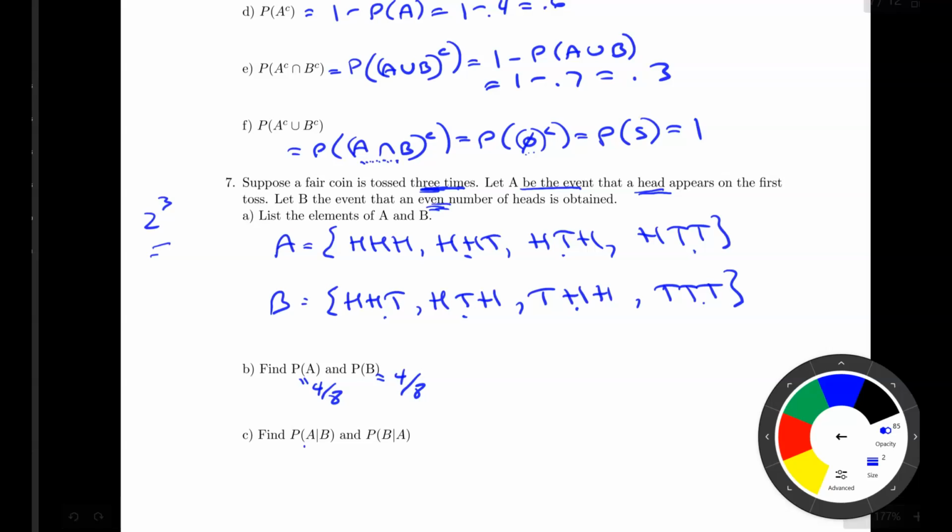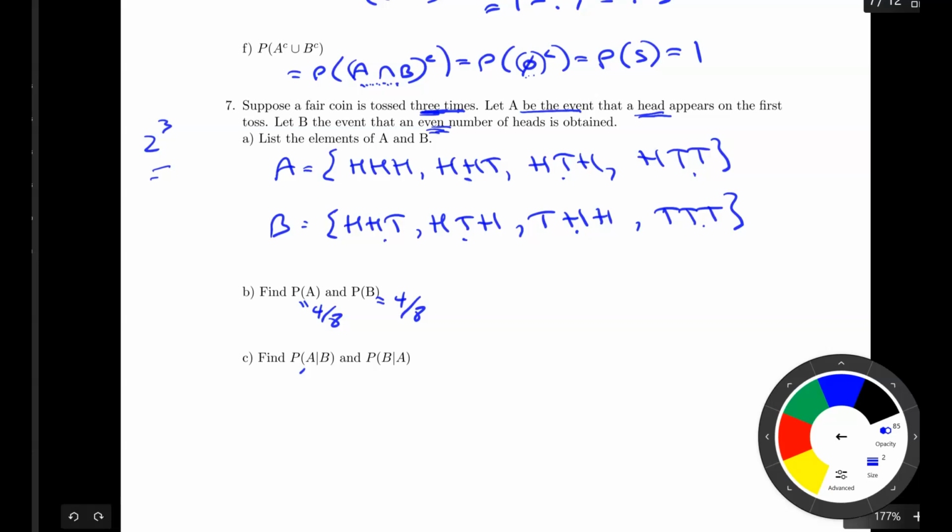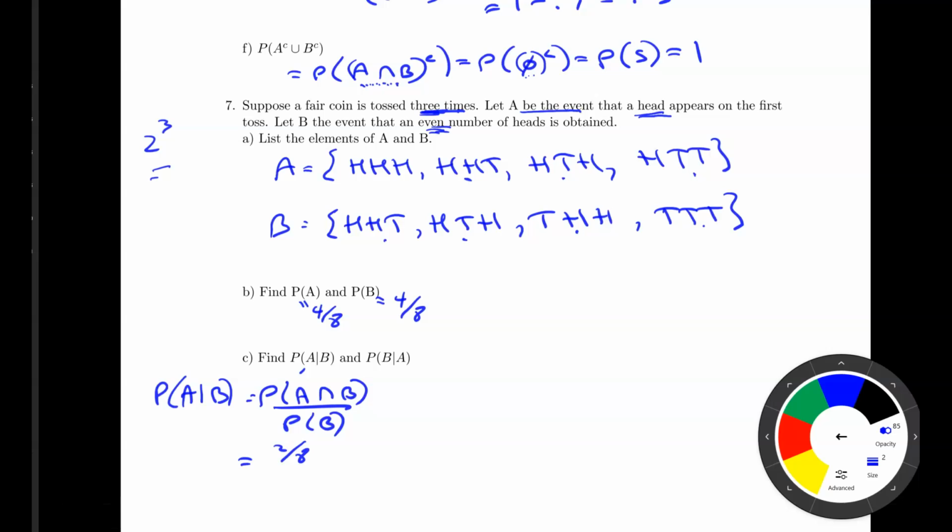All right, so let's do this. Probability of A given B is happening is probability of A and B over the probability of B. So that's going to be the 2 out of the 8. Probability of A and B is happening, right? If A and B is happening, that means I've got an overlap.